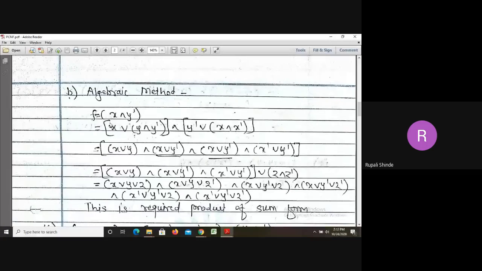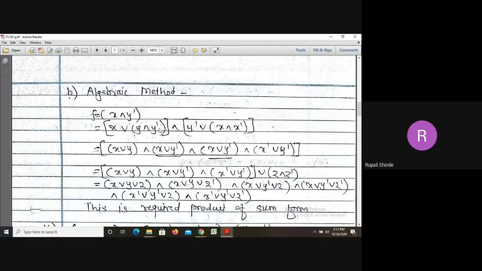So first of all, consider this term as x. For this x, first we are going to add the missing term y, and then afterwards we will add z. Okay. So how we can add this missing term? x OR y and y's complement. Otherwise we can write this as x OR y star y's complement.